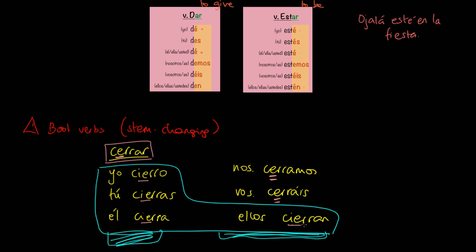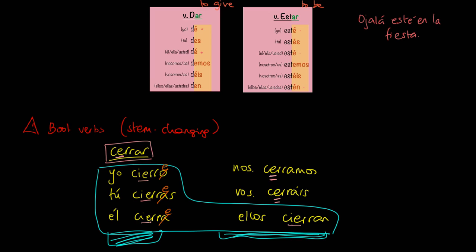Now why am I talking about these? Because these stem changing verbs that suffer these changes in the present indicative, the same exactly happens in the present subjunctive. So if I wanted to say that I close, using the subjunctive would be yo cierre. That you close, que tú cierres.